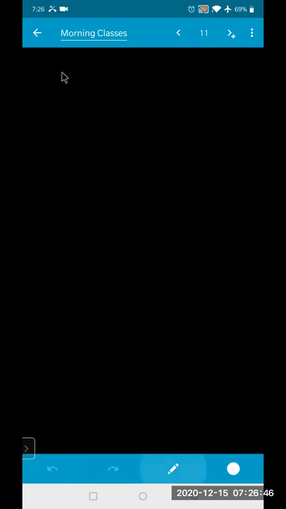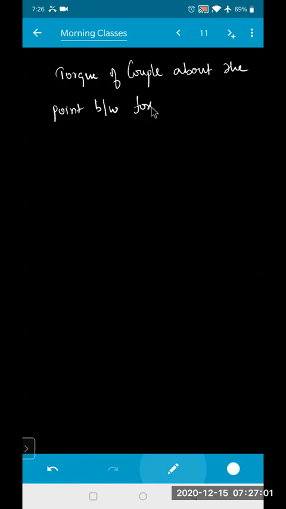That means I can write here: torque of a couple, about a point between the forces, is equal to what, beta? Either force into the perpendicular distance between them.